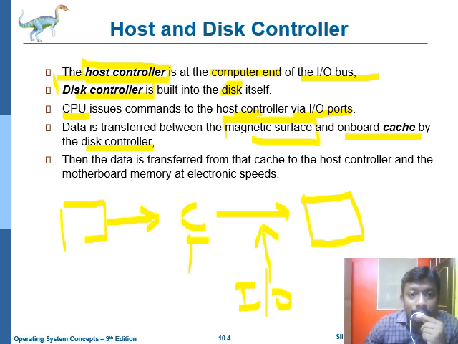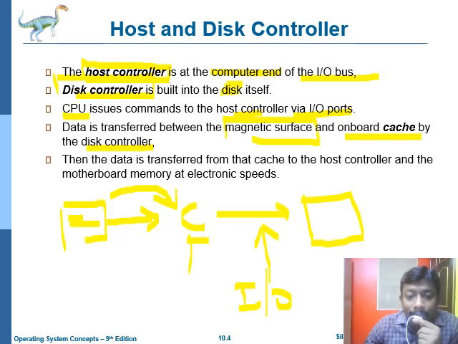As I said earlier, these two components, host and disk controller, are very important. The host controller is the computer end of the input output bus. The disk controller is built into the disk itself. If a CPU issues commands to the host controller via input output ports, the data is transferred between the magnetic surface and the onboard cache.